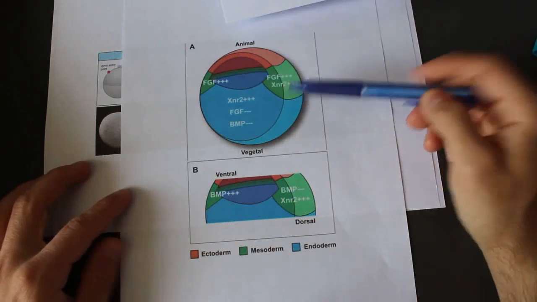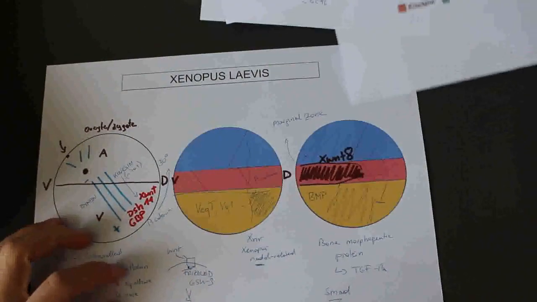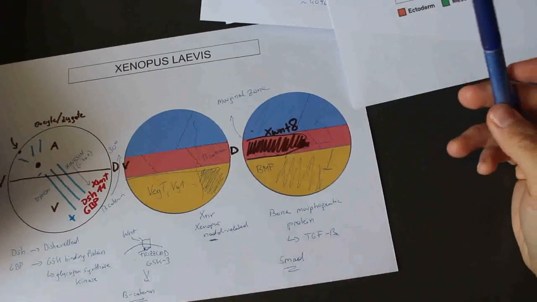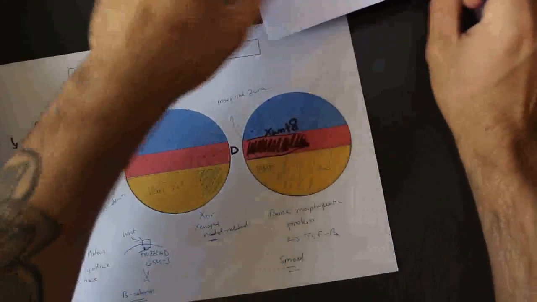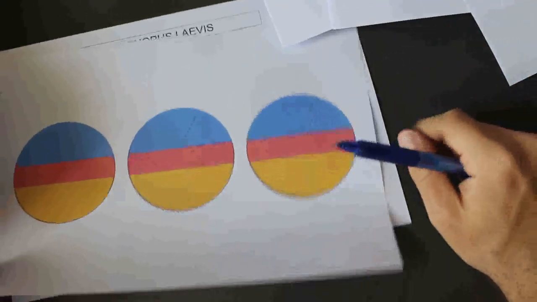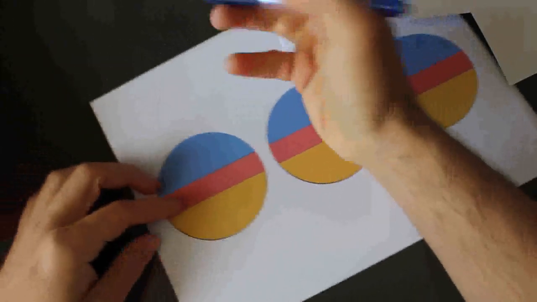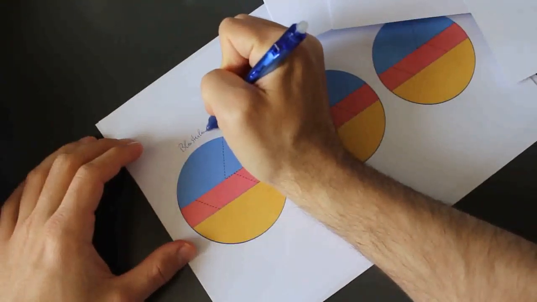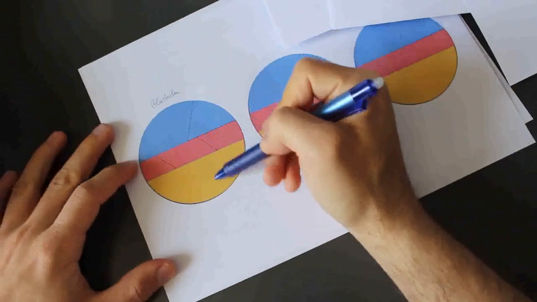And yeah, let's go back to my drawing. So why is it so important to have all these factors now? I will show you why. Because if we imagine that being the blastula, we have the ectoderm, the mesoderm, and the endoderm.